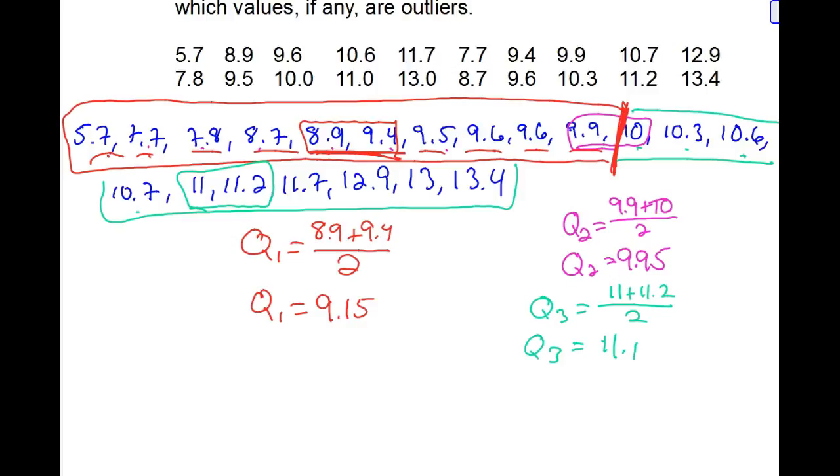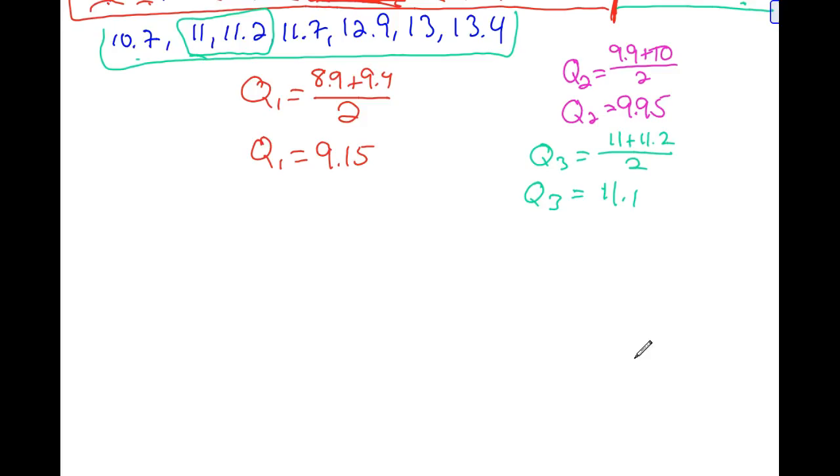Now that I have my Q1, Q2, and Q3, I need to find my boundaries. So my lower outlier boundary is going to be Q1 minus 1.5 times my IQR.